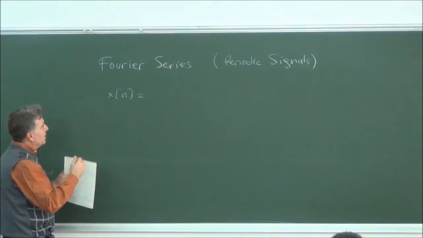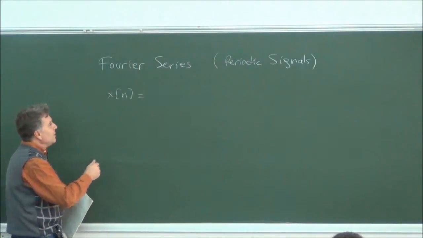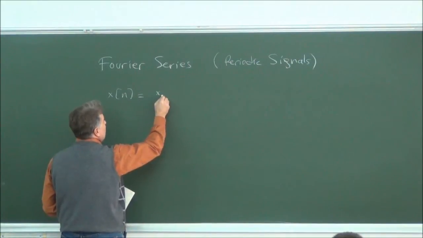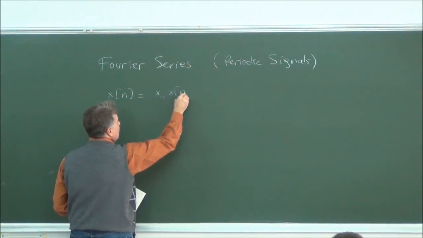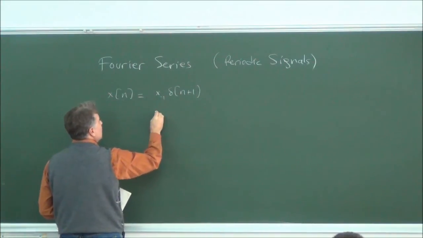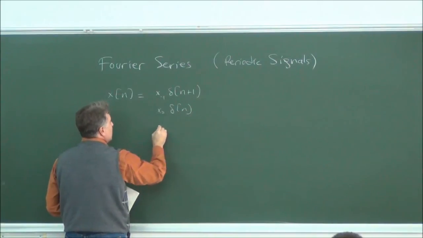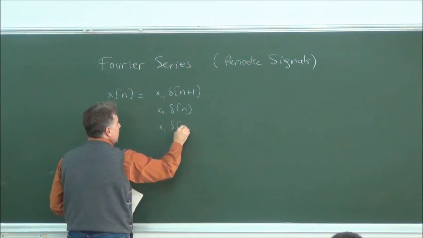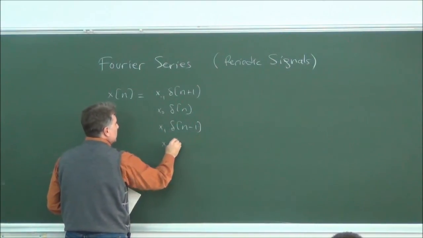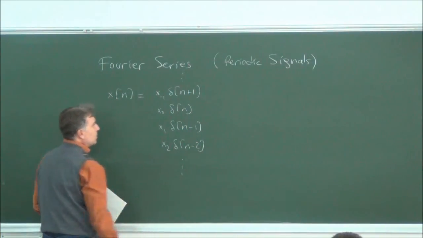We made a representation of x of n from several impulses, like x of minus 1 delta n plus 1, plus x0 delta n, plus x1 delta n minus 1, x2 delta n minus 2, from the top to the bottom.